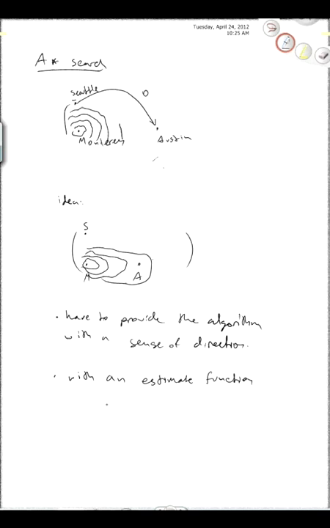The estimate function is just going to take in a node u and the destination. So this is where we're going. And it's going to return an estimate of the distance.